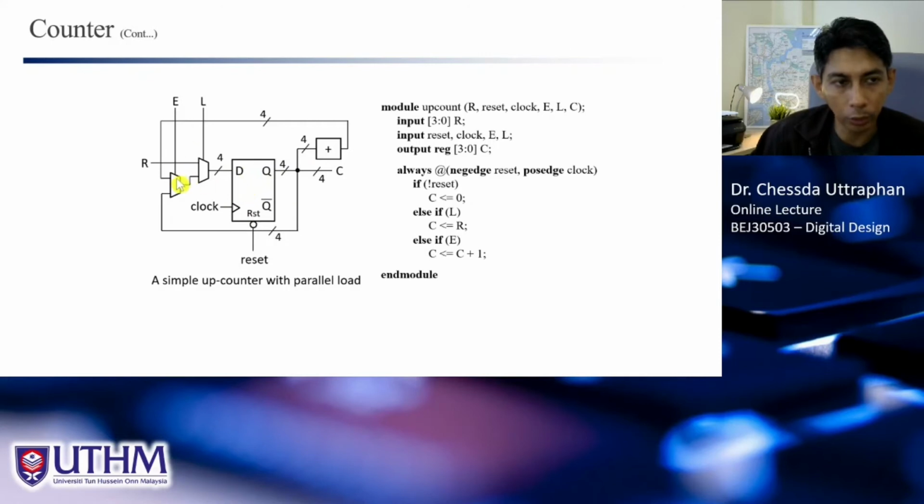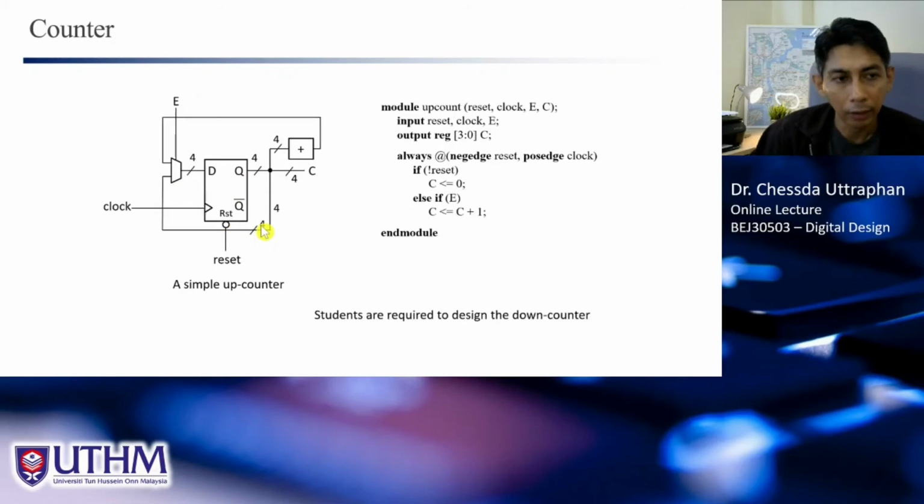And when E equal to 1 means we count, the input to the register is the input from here, which is the counting. Means that this counter can count from any number. We can load any number into the register and start counting from there. Whereas for this one, this will always count from 0, because when we start reset, we cannot load any value into the register. So we need to count from 0.